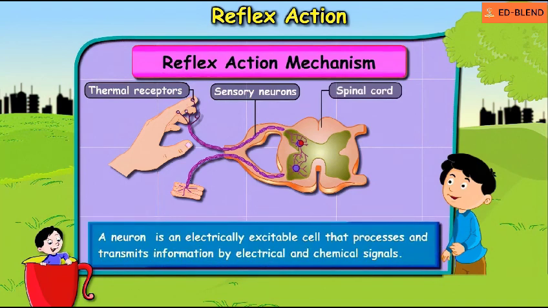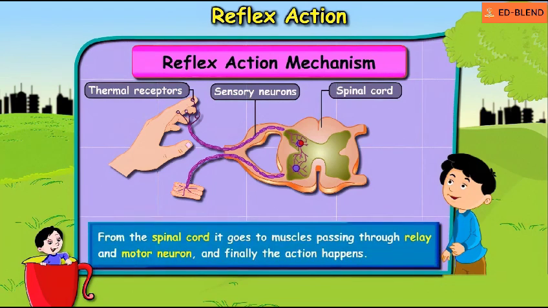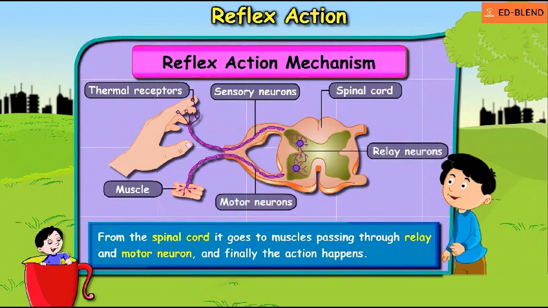A neuron is an electrically excitable cell that processes and transmits information by electrical and chemical signals. From the spinal cord, it goes to muscles passing through relay and motor neuron, and finally the action happens.